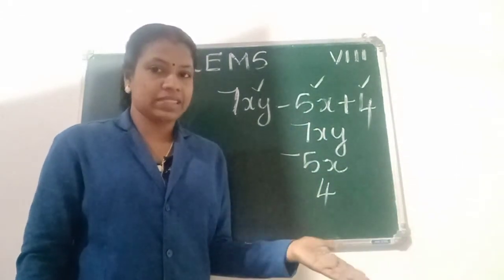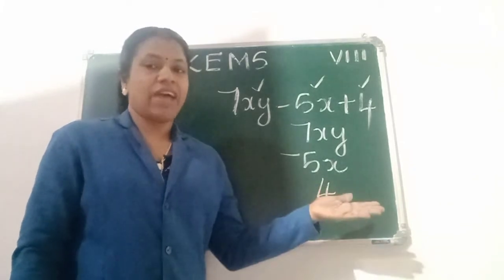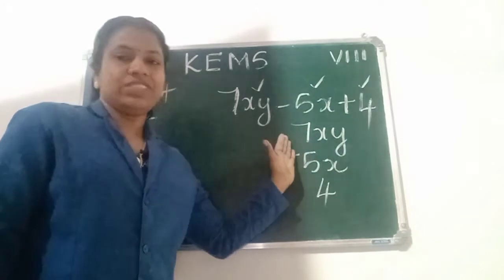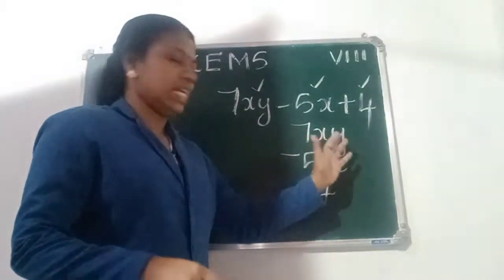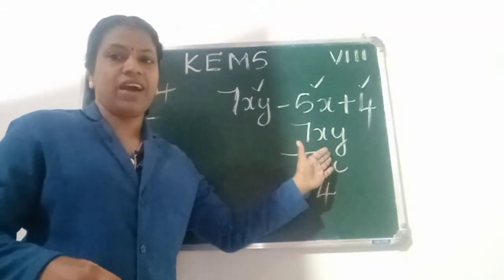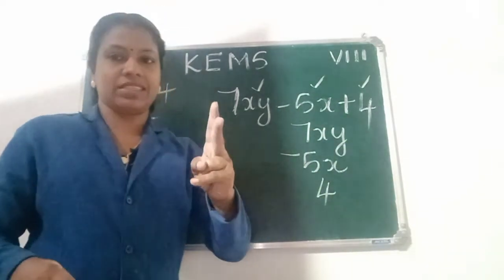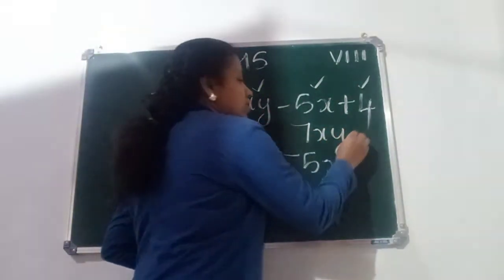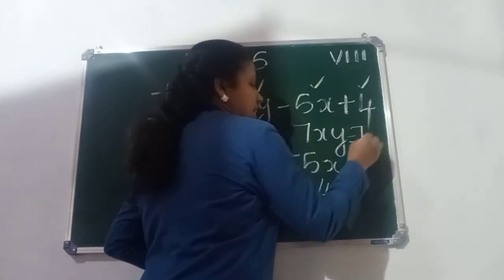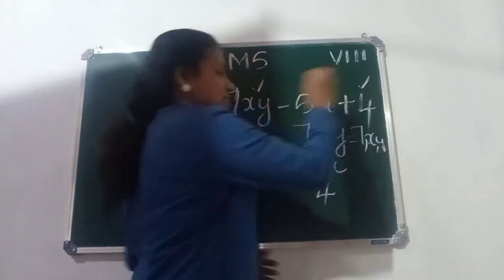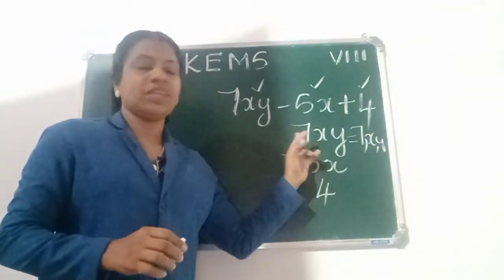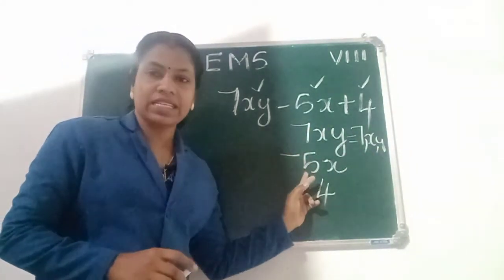Now what are the factors? Factors are what multiply to form a term. So in the term 7xy, there are three factors: 7, x and y. Now second term, minus 5x.